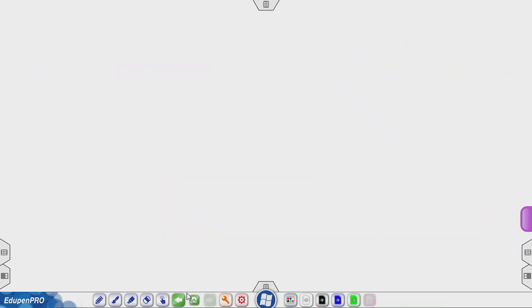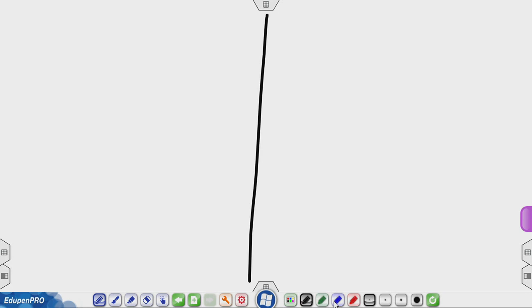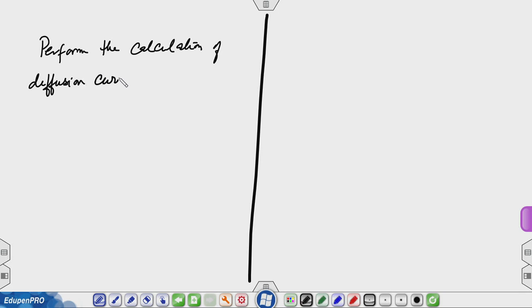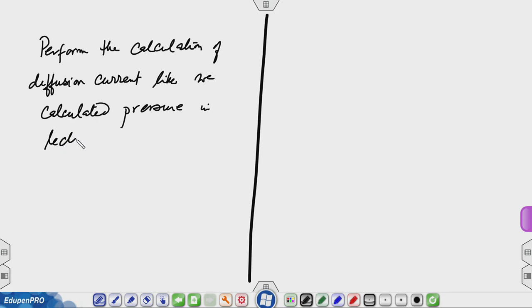So what I'm going to do now is perform this calculation exactly like we did for the pressure. So perform the calculation of diffusion current like we calculated pressure in lecture 22.